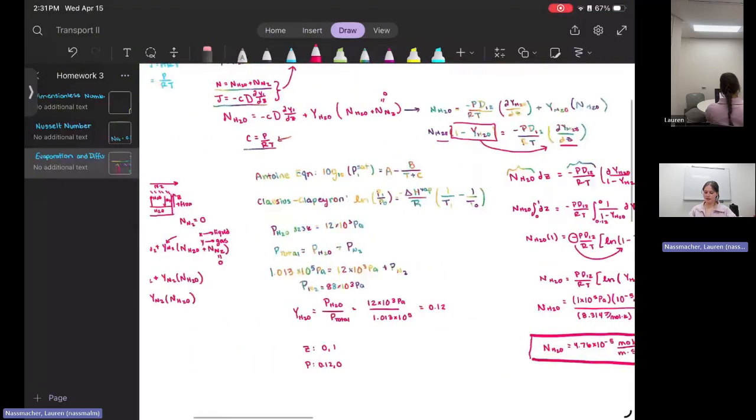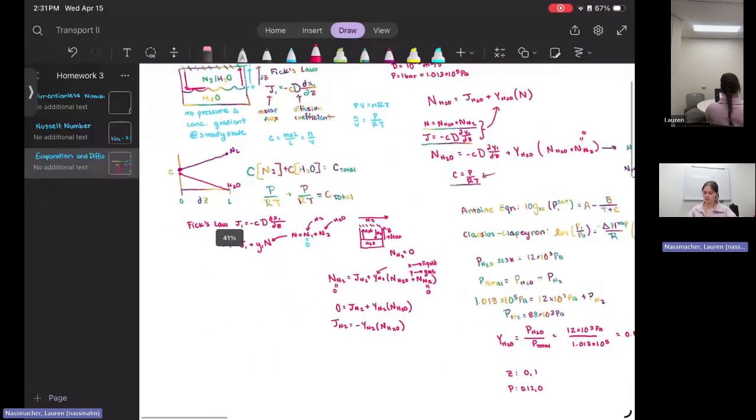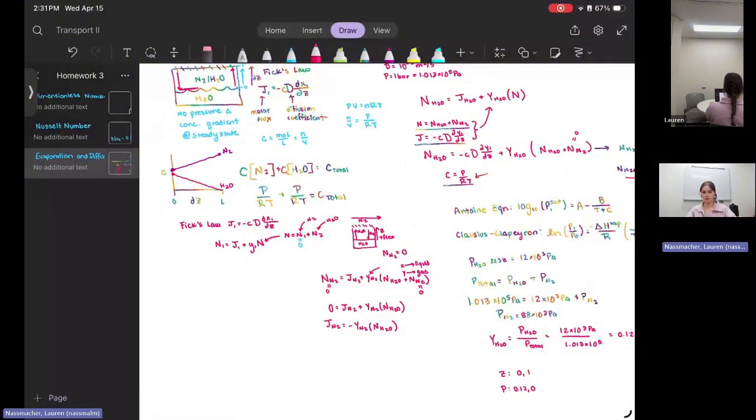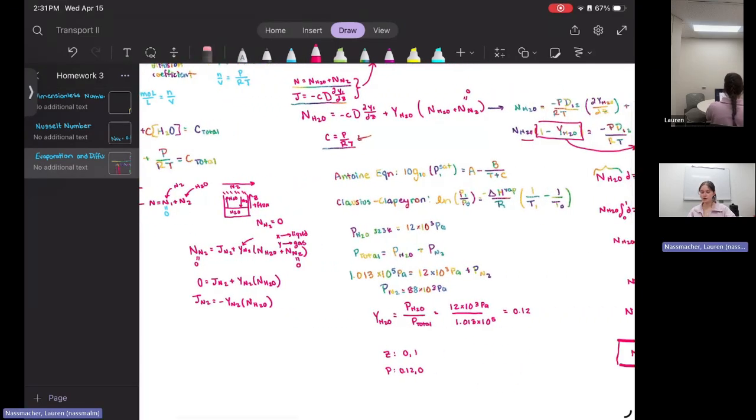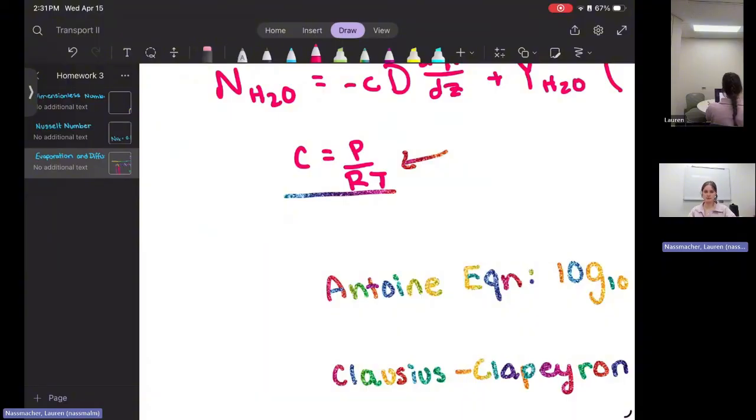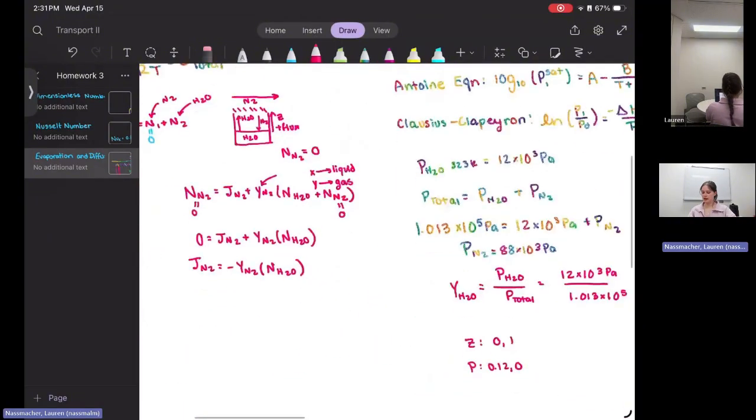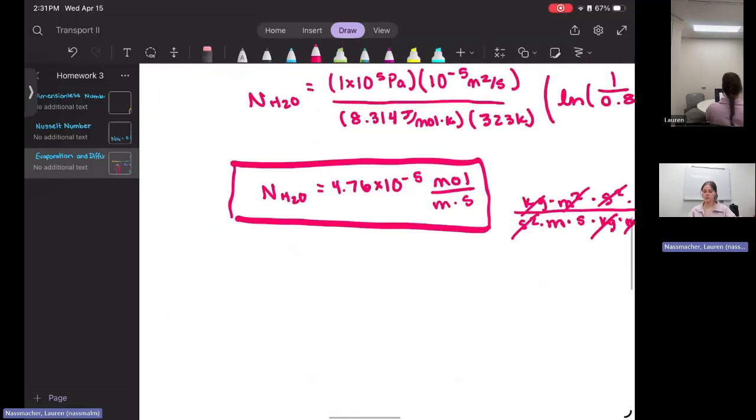We did that by determining how to find that molar flux with reference to the amount of each material or element or compound within the pool, and then used Fick's law as well as Antoine's equation or Clausius-Clapeyron equation and general knowledge like C equals P over RT, because PV equals nRT, in order to find that our molar flux for our water is equal to 4.76 times 10 to the negative fifth moles per meter second.